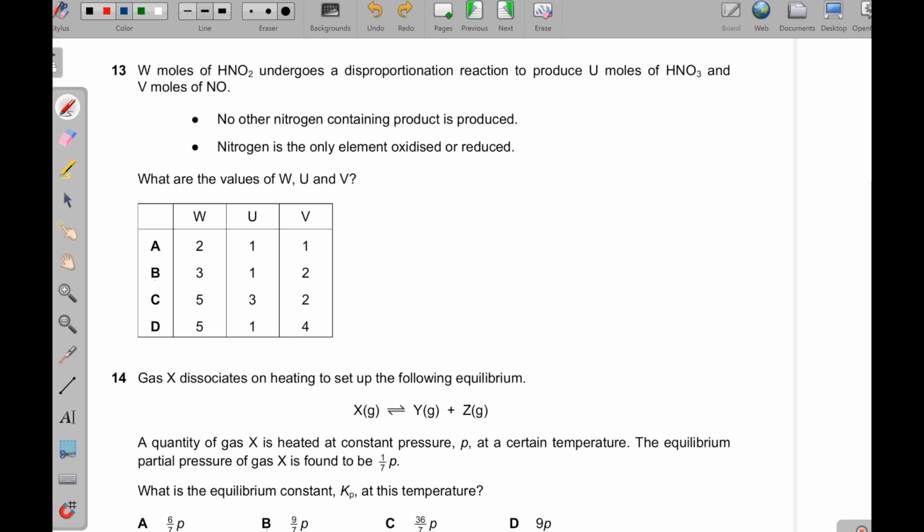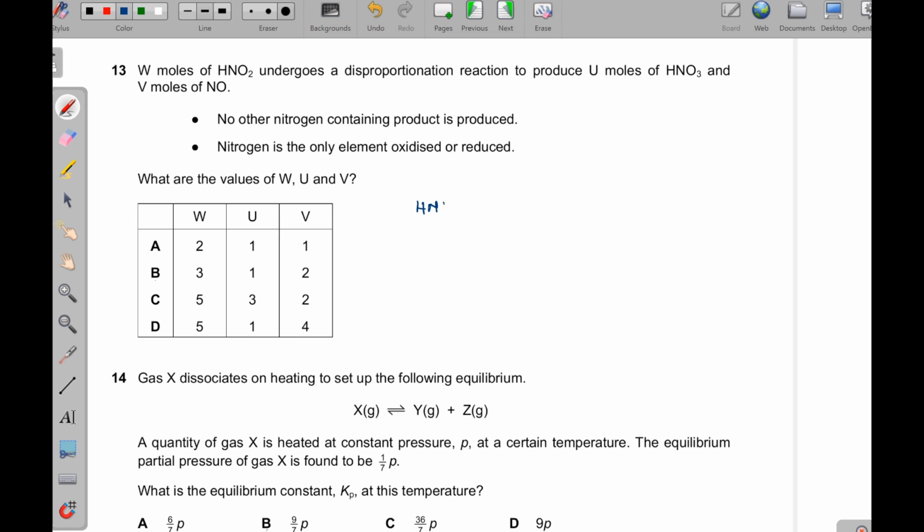Question 13. W moles of nitrous acid undergoes a disproportionation reaction to produce U moles of nitric acid and V moles of nitrogen monoxide. No other nitrogen-containing product is produced. Nitrogen is the only element oxidized or reduced. Now let us write this equation here.